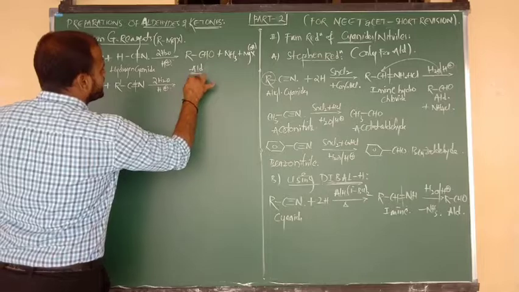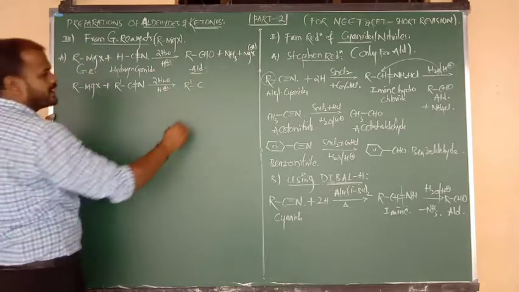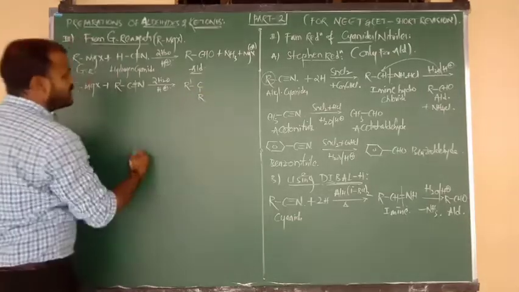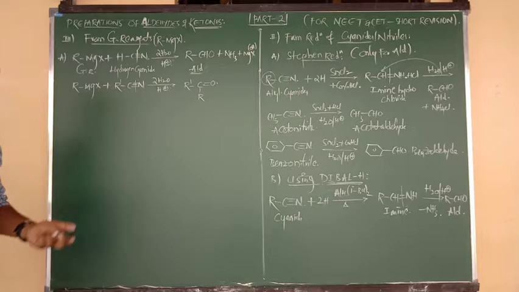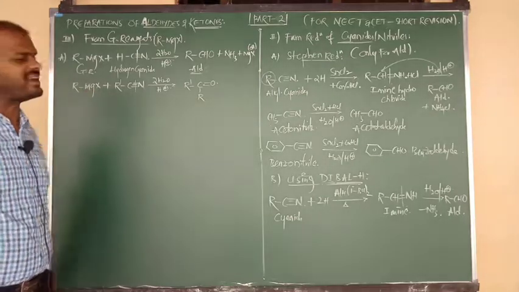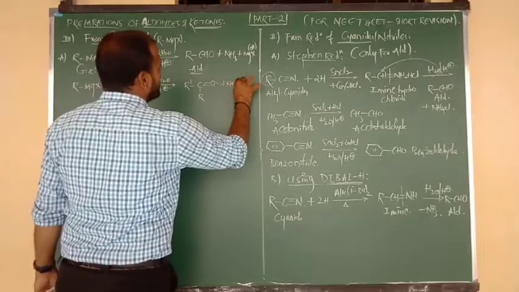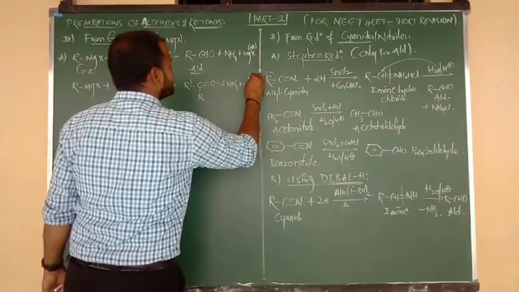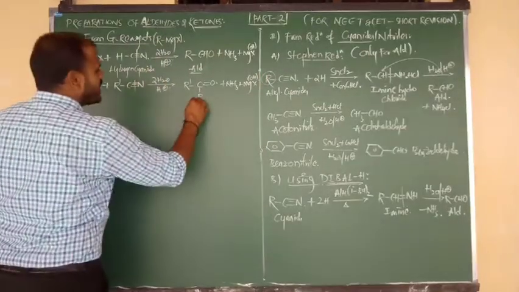Yes, I am going to write here as it is. The central C is attacked by R minus of the Grignard reagent. Yes, I have written it here. And from the water molecule you have to consider only oxygen. So which product are you getting here? Ketones you are getting. Again the remaining 2 byproducts are the same. One is nothing but NH3 and one more is nothing but MgXOH, hydroxy magnesium halide. And what is your final product here?